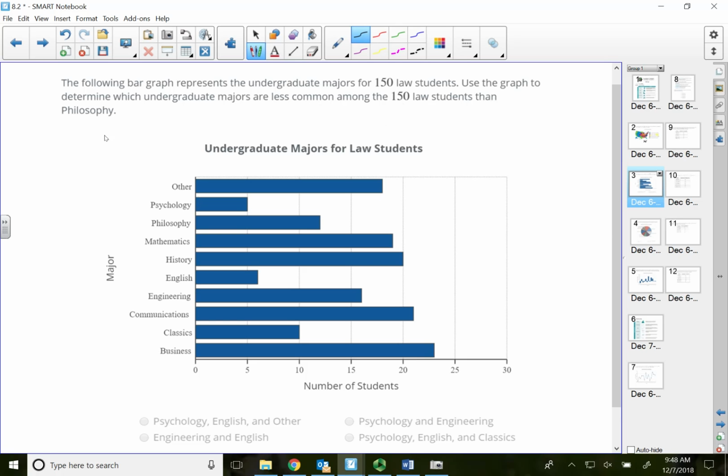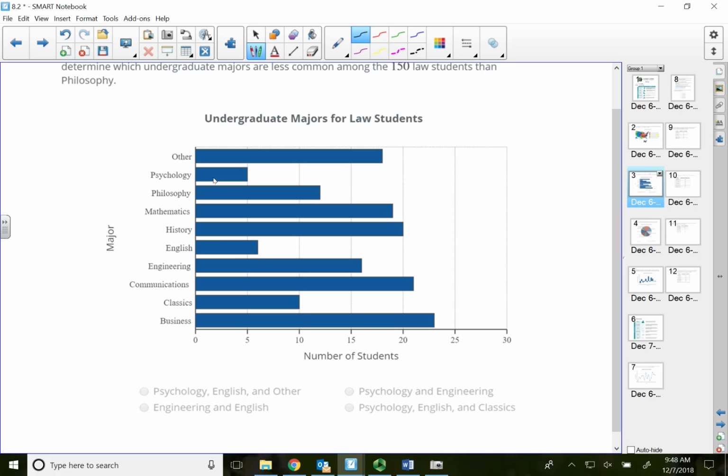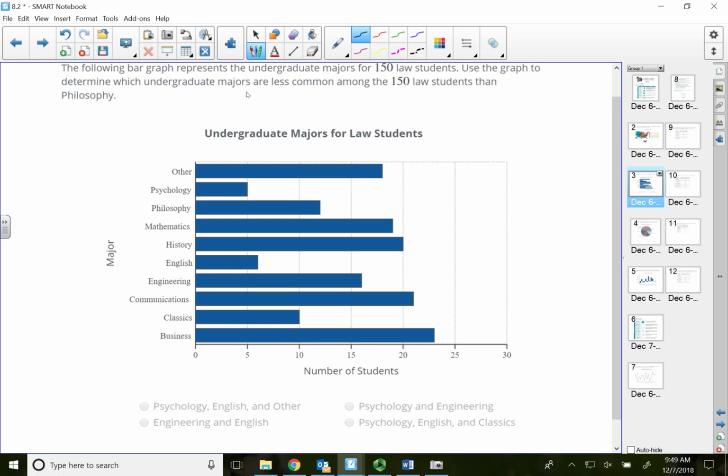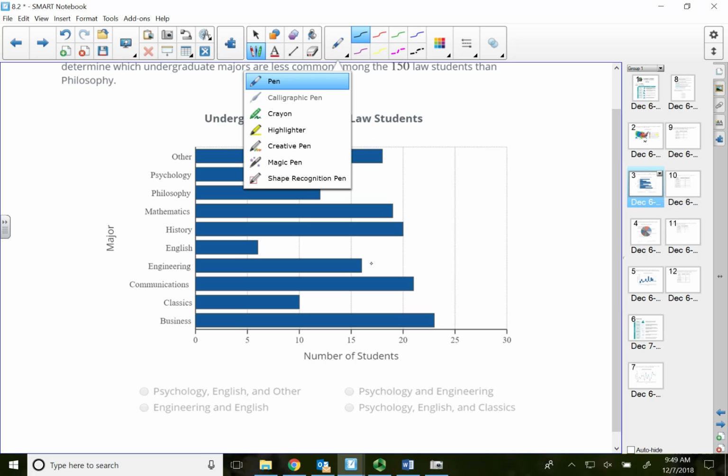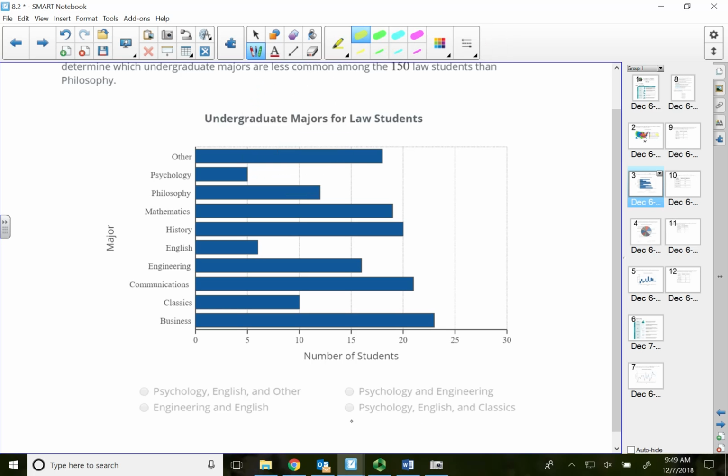Less common than philosophy. So let's look at philosophy. Philosophy is here, so we're looking for bars that are lesser than that. That would be psychology, English, and classics.